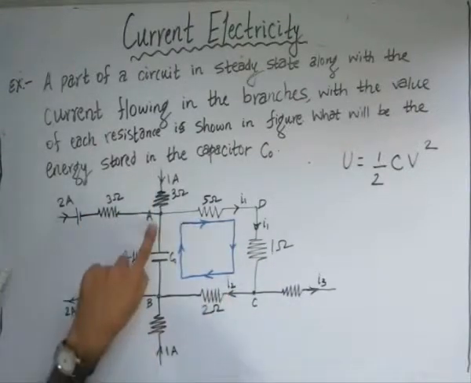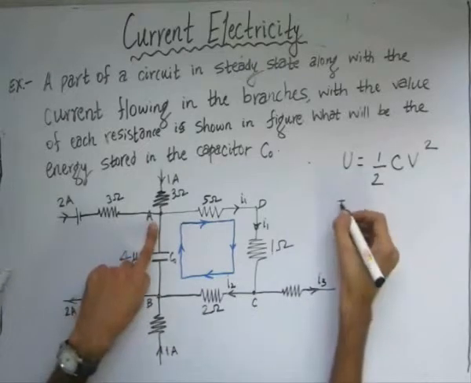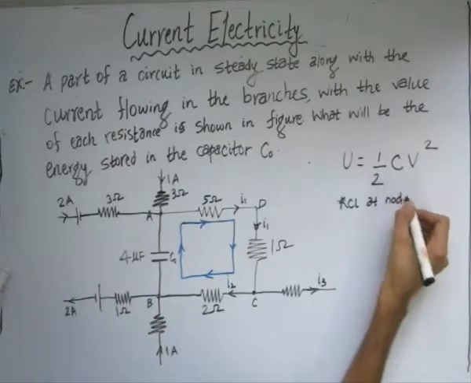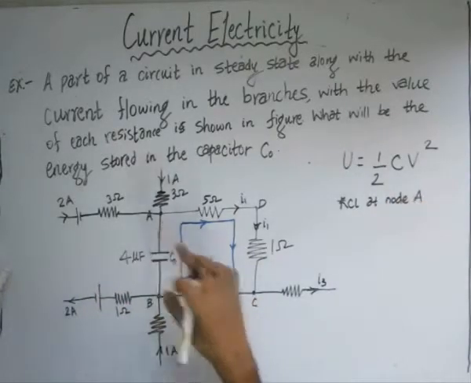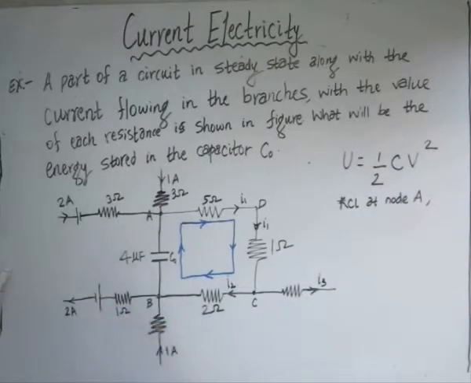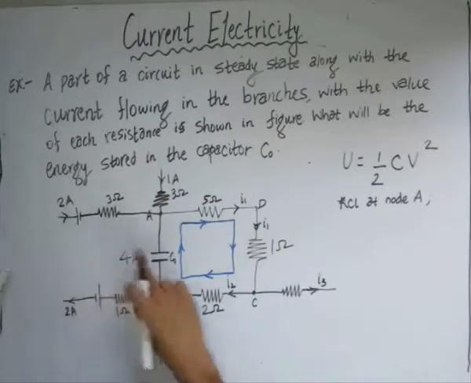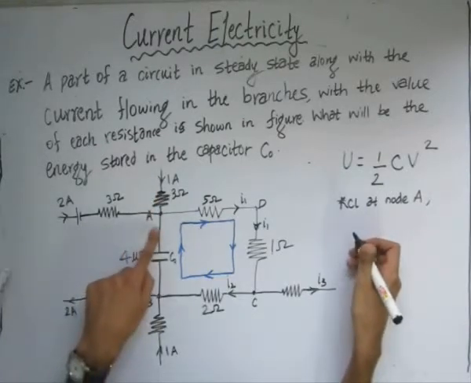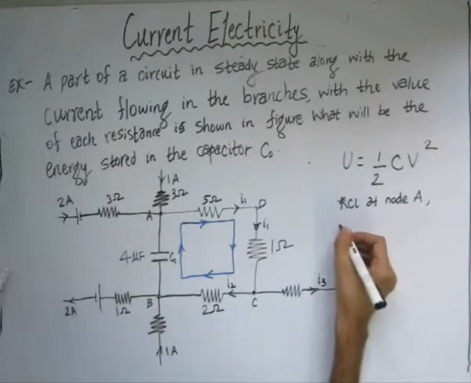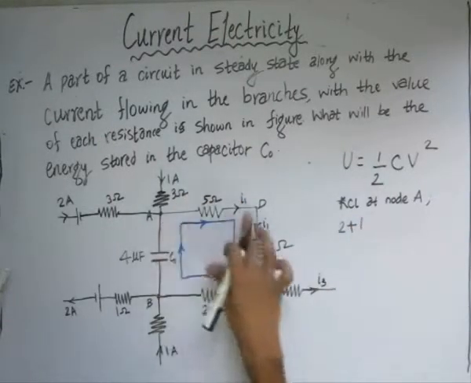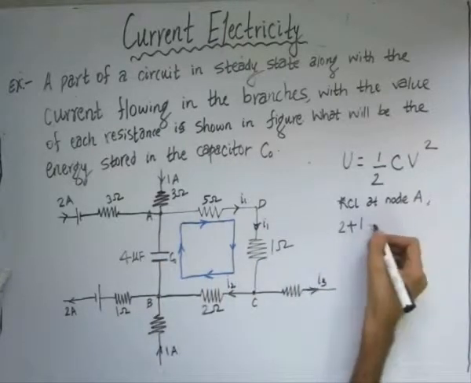So if we apply KCL at node A, as per the sign conventions we have seen for applying KCL, incoming currents are taken as positive, whereas outgoing currents are considered negative. The 2 ampere and 1 ampere are incoming currents to node A, so they are taken as positive: plus 2, plus 1, and I1 is the outgoing current from node A, so it is taken as negative.